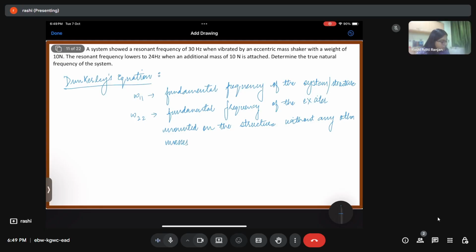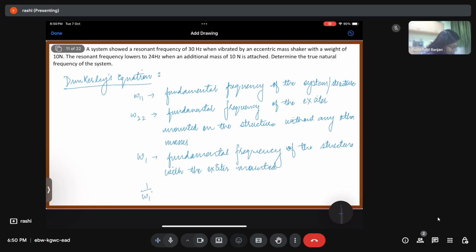Then in that case, omega 1, which is the fundamental frequency of the structure with the exciter mounted, we can write as 1 by omega 1 square equal to 1 by omega 11 square plus 1 by omega 22 square.